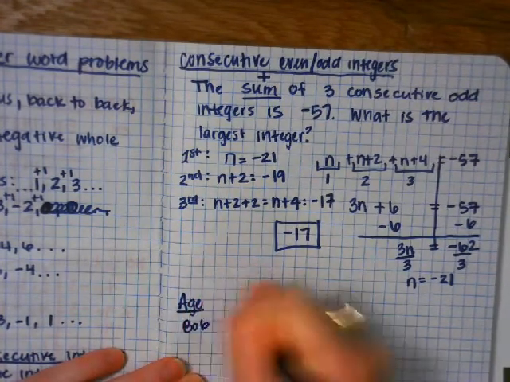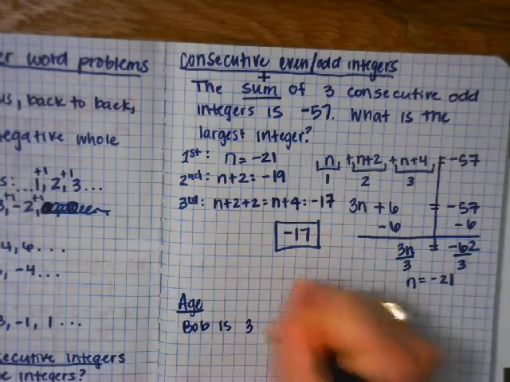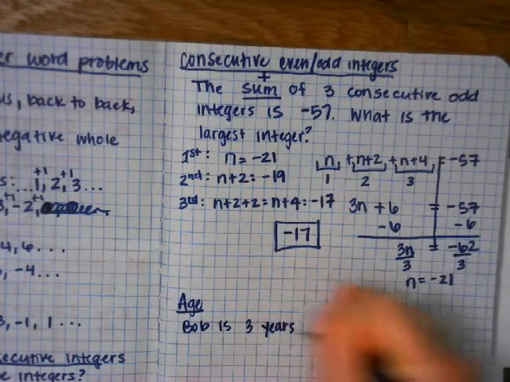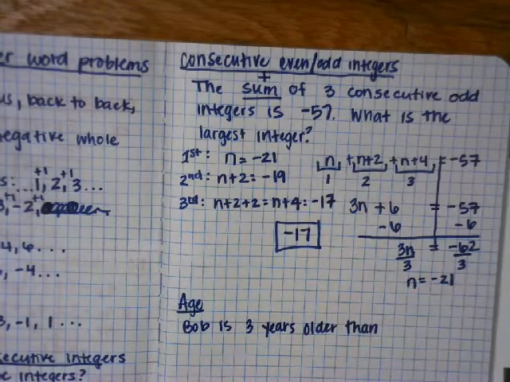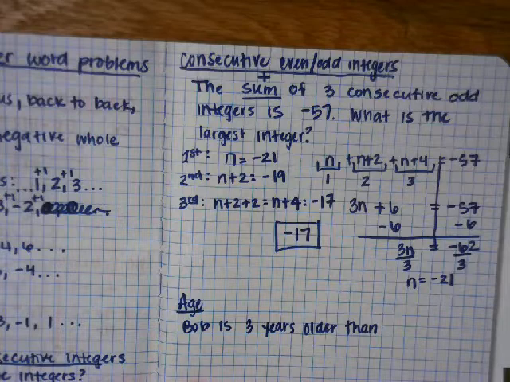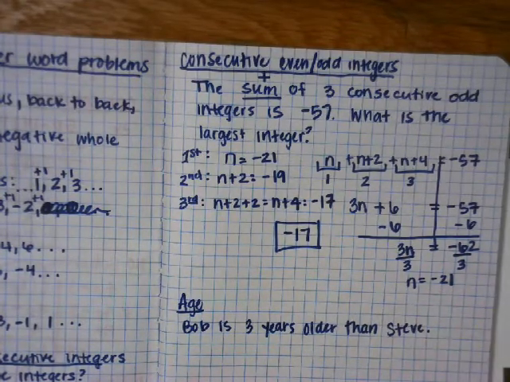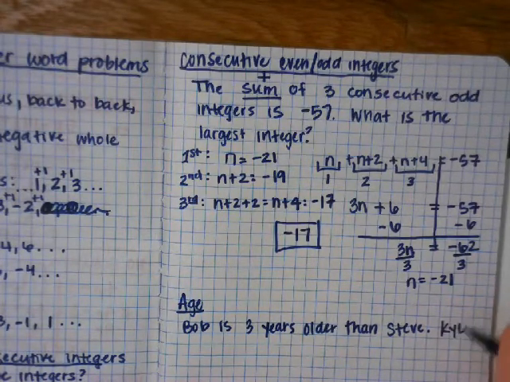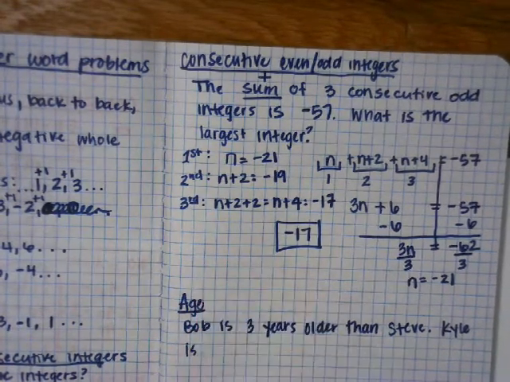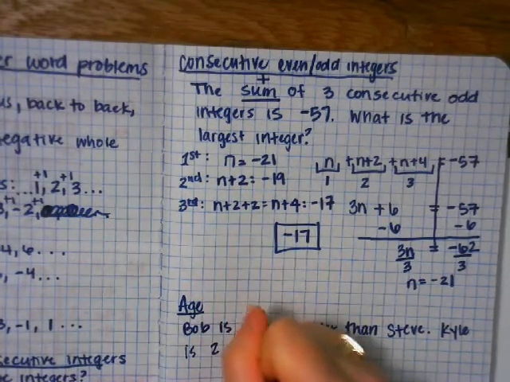Bob is 3 years older than Steve. Kyle is 2 years younger than Steve.